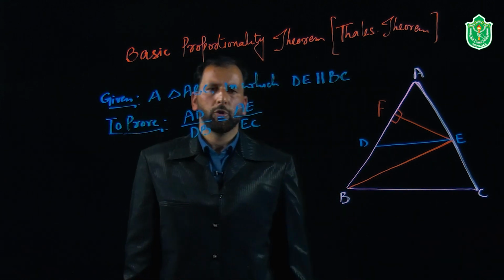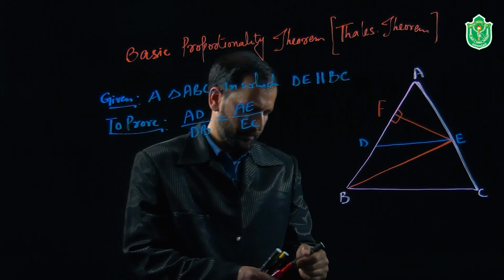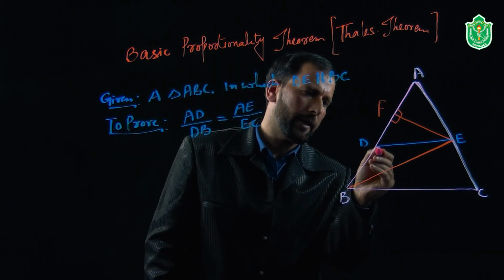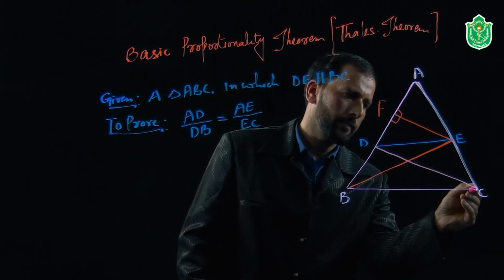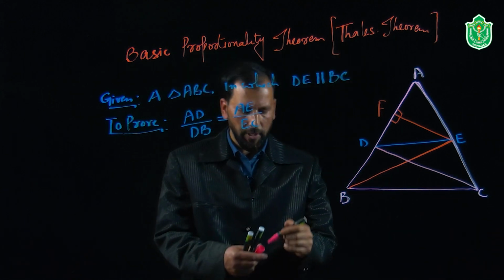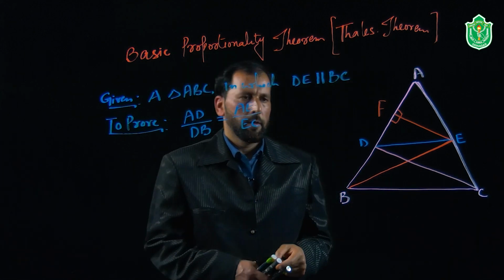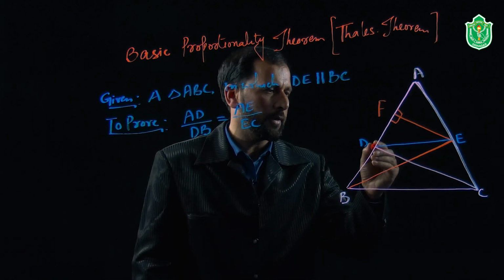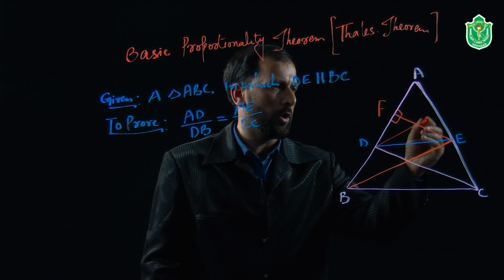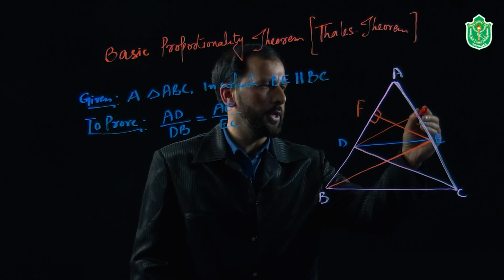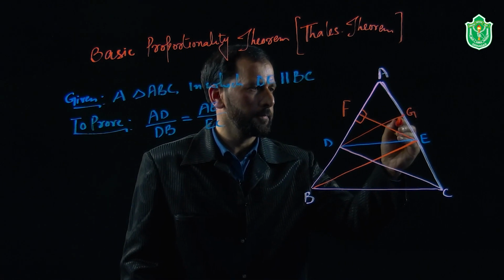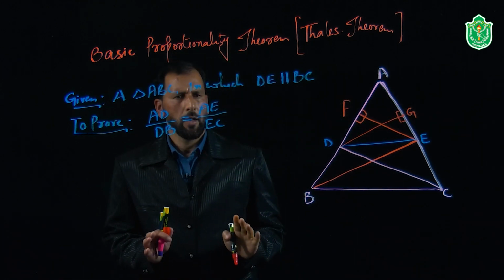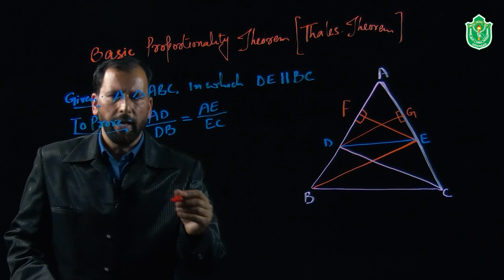And also join DC. This is the line DC here. We join this, and from the vertex D, we draw another altitude on side AC, and we call the altitude DG.